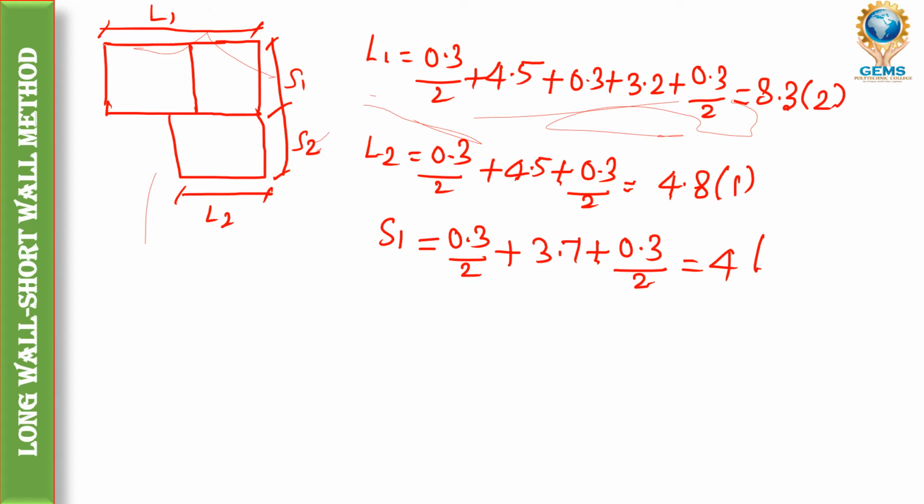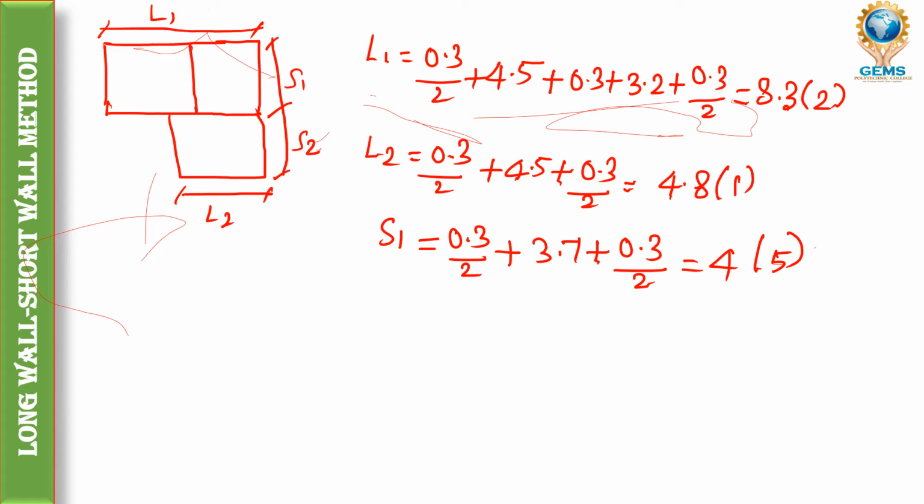Then N for S1 and S2 we are taking together, right? In the upper portion the vertical sides are 3, in the down for S2 the vertical portion is 2, so we are taking N equal to 5. So we have found the value of L1, L2, S1 and S2.